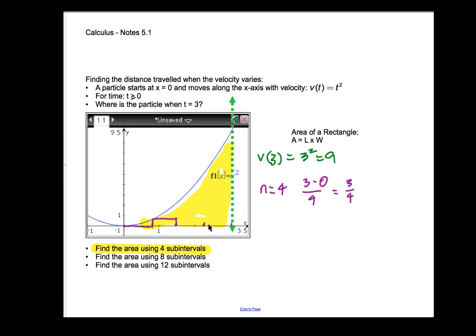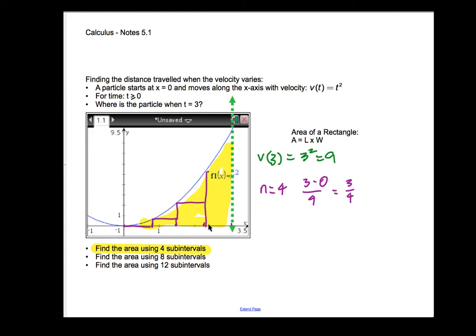And then my rectangles are going to look like this. Oh, whoops, that needs to be a little bit further over. It needs to go over to here. So here are my 4 subintervals.